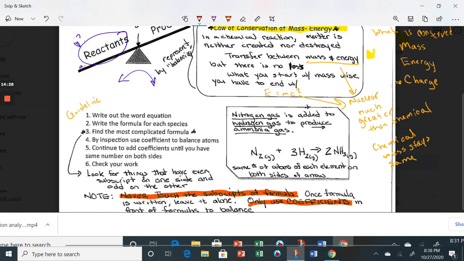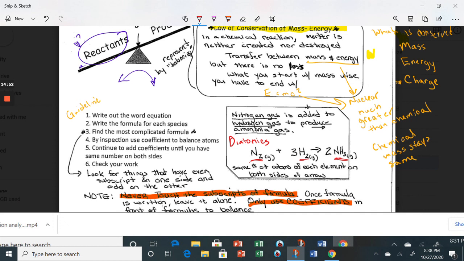It is really important. Those wonderful 7 diatomics. So nitrogen's a diatomic. This is its formula, its natural state. That's how you write it. Its phase is a gas, so it goes in parentheses in small letters. And then you have hydrogen gas and ammonia gas.